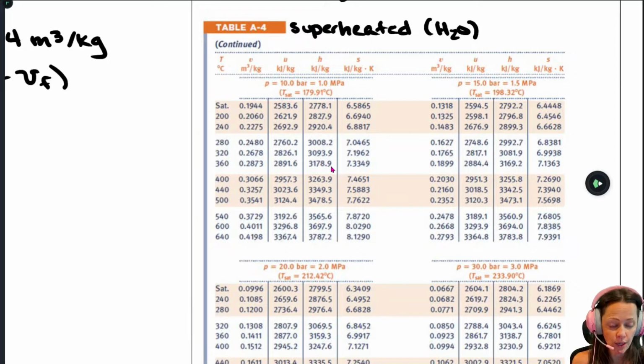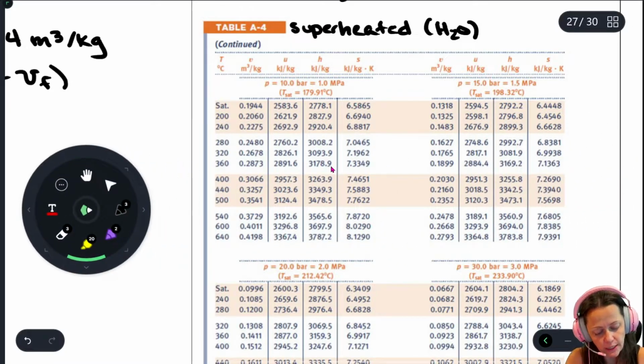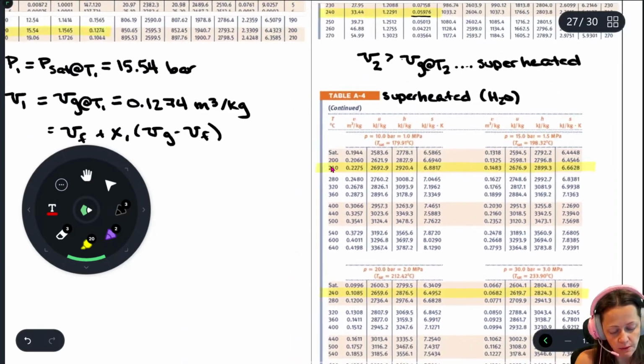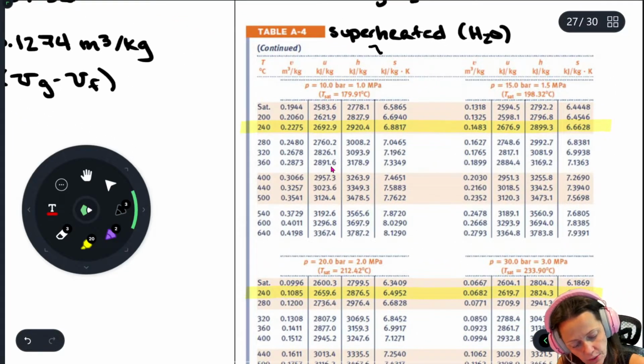So I'm going to tell you what I'm going to be doing. I'm going to go to my saturated tables, and I'm going to be looking along those lines corresponding to 240 degrees Celsius. And remember my specific volume, I'm actually going to put it over here. So remember that's 0.1274 meters cubed per kilogram.